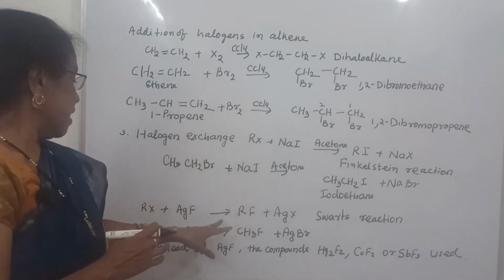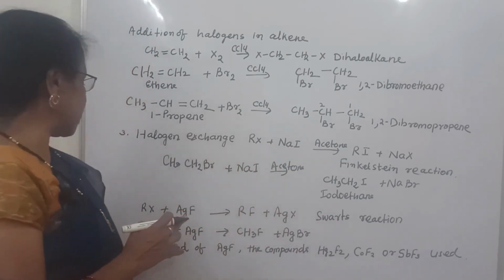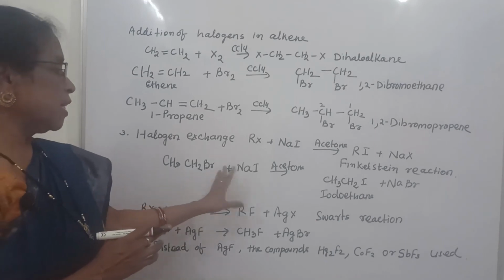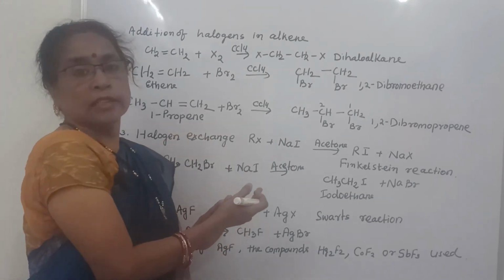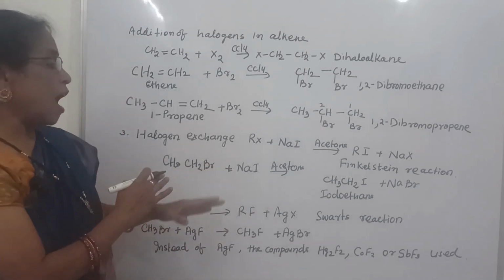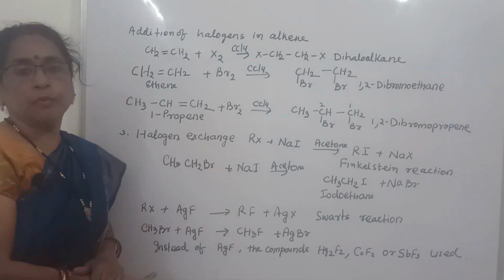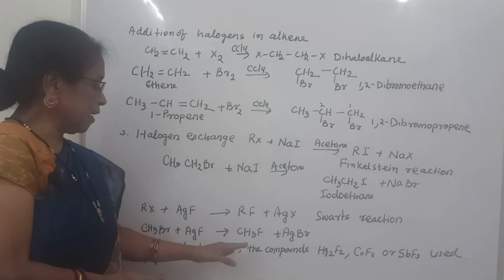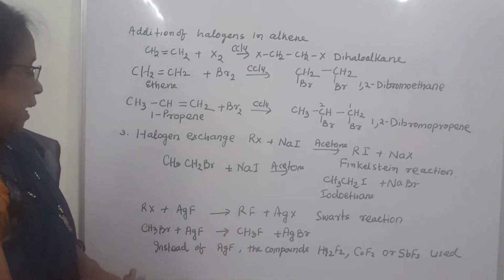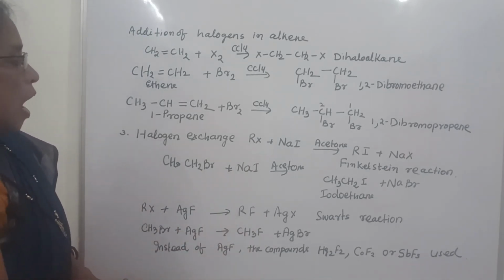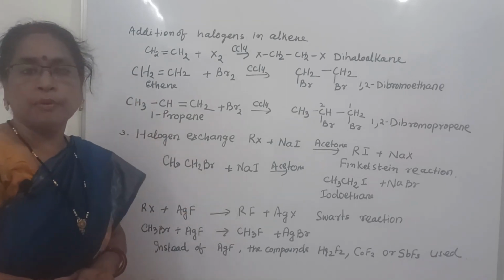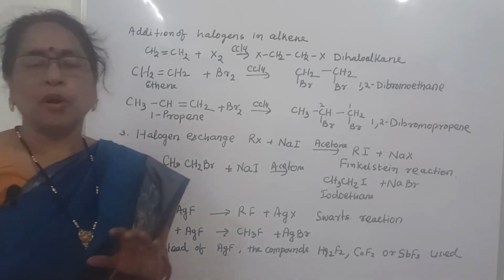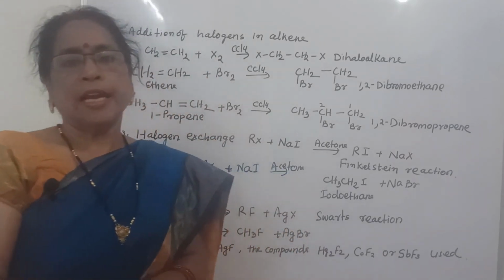And here since it is Swarts, you will write silver fluoride. And here how the halogen is exchanged: one gives iodoalkane, the other gives fluoroalkane.